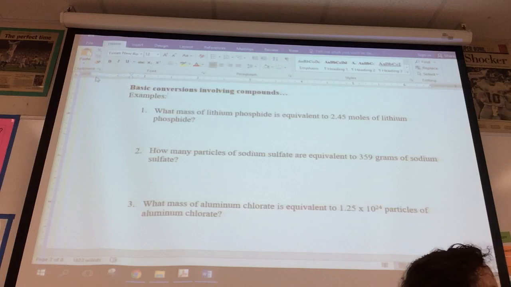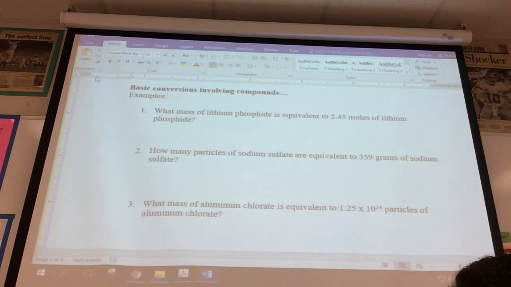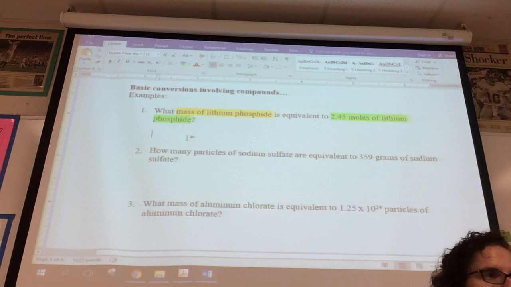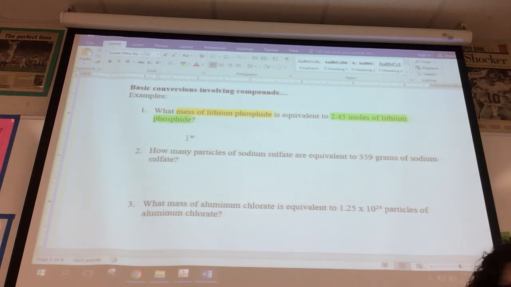In the first example, it says what mass of lithium phosphide, so that's what we're looking for, unknown, is equivalent to 2.45 moles of lithium phosphide. That's what's given. And again, if you can't formula write, you're going to have major issues.